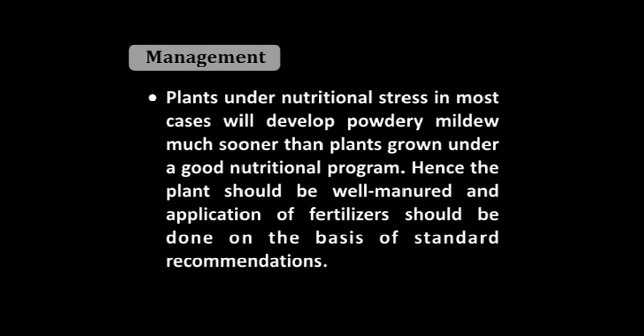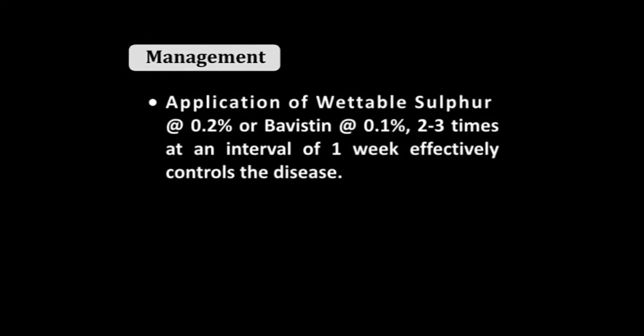Hence, the plants should be well manured and application of fertilizers should be done on the basis of standard recommendation. Application of wettable sulfur at the rate 0.2% or Bavistin at the rate 0.1%, 2 to 3 times at an interval of 1 week, effectively controls the disease.